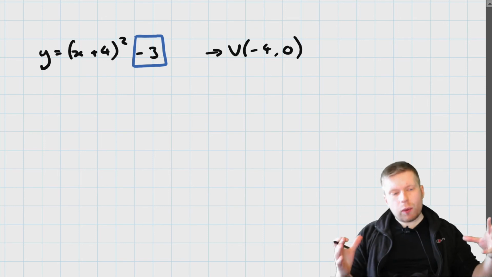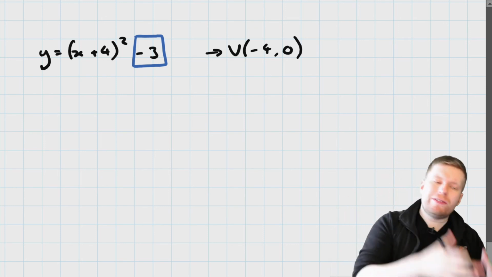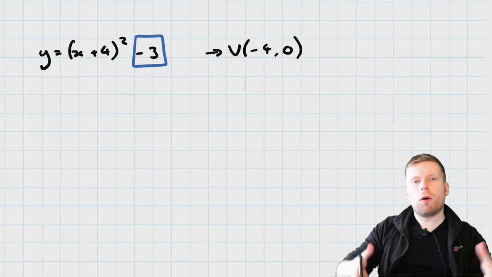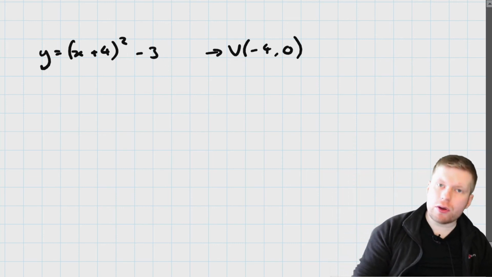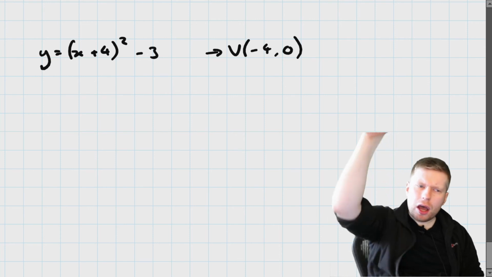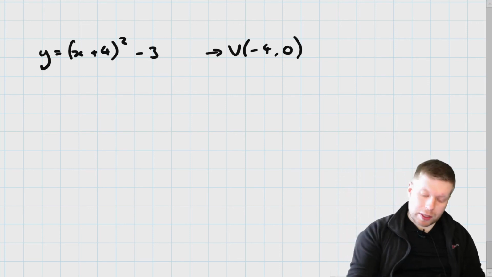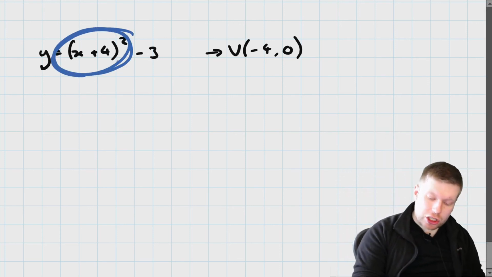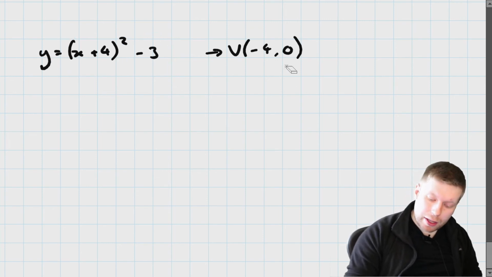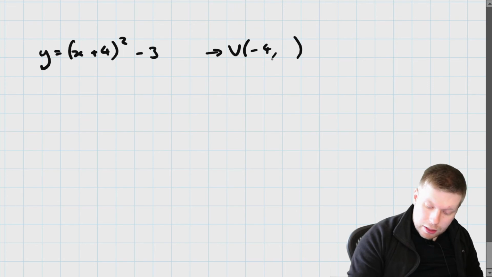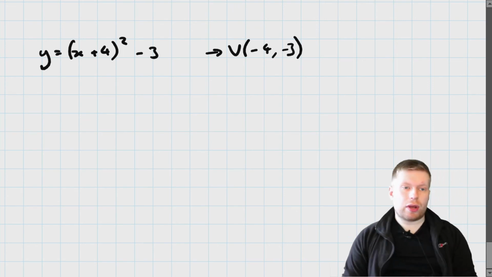Well, because the take away 3 is happening after we've squared it, that would correspond to moving down by 3. Okay, that makes sense. If I gave you y equals x squared minus 3, you'd say, I've just simply moved it down by 3. So because I've already established that that part there just moves it to the left by 4, the minus 3 must still move it down by 3. So therefore, the vertex is going to be negative 4, negative 3, like so.